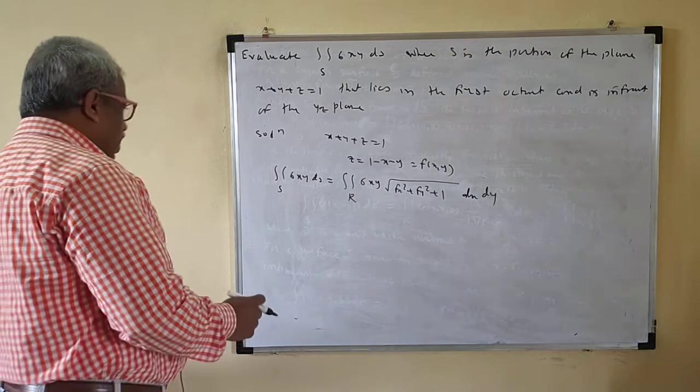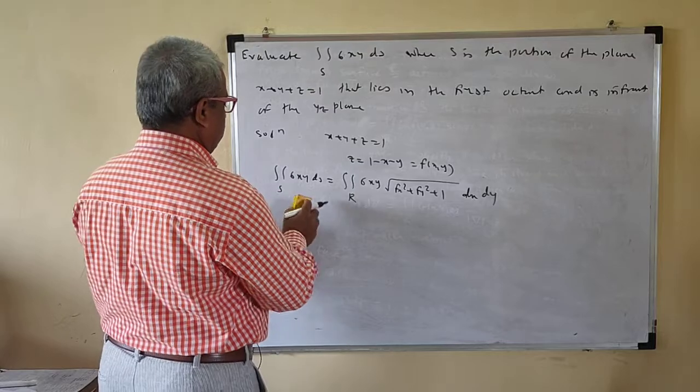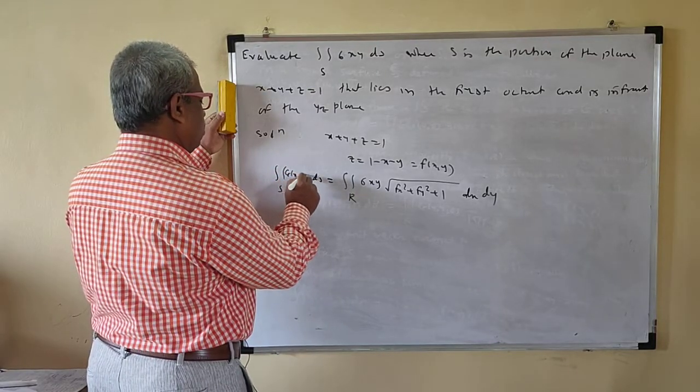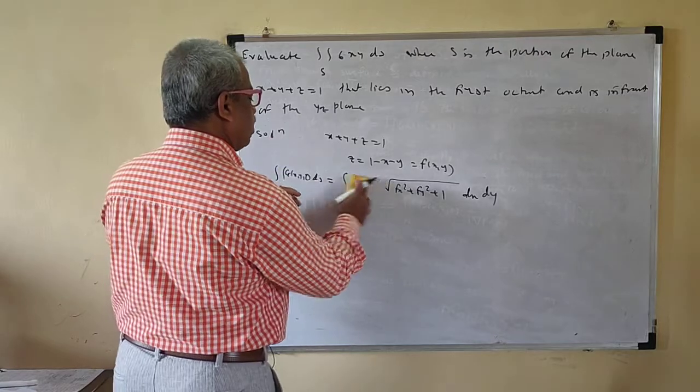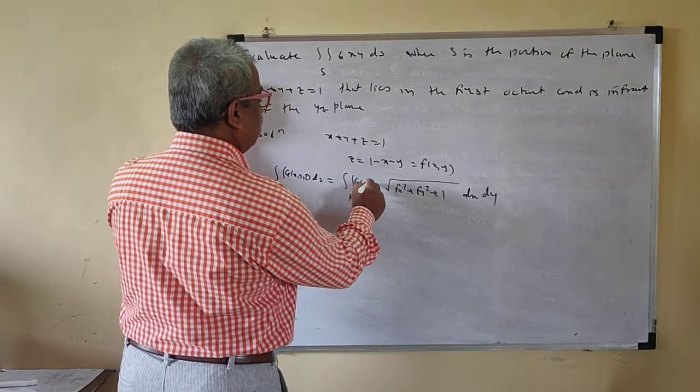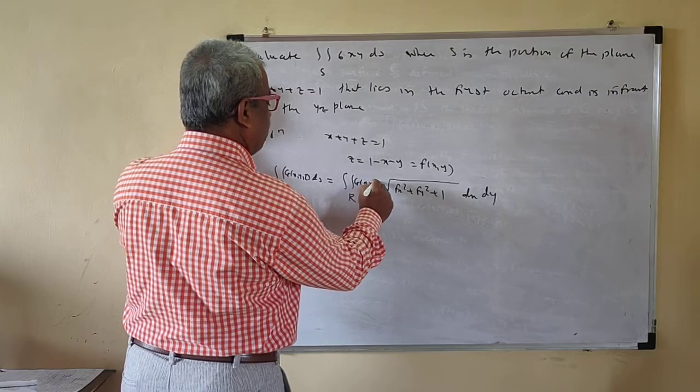Or you may write this formula in terms of a function, g of x, y, z. So this is your formula. Then you have to write g of x, y and f of x, y.